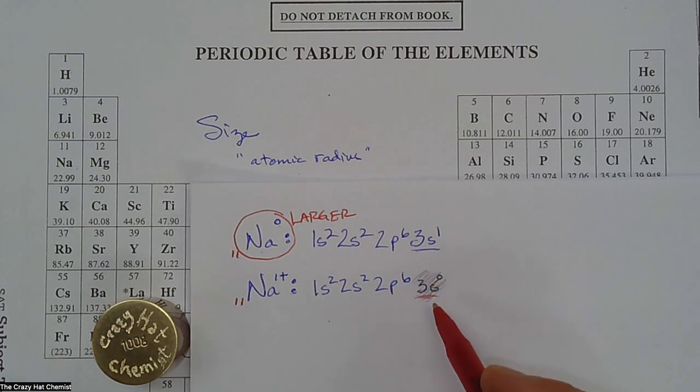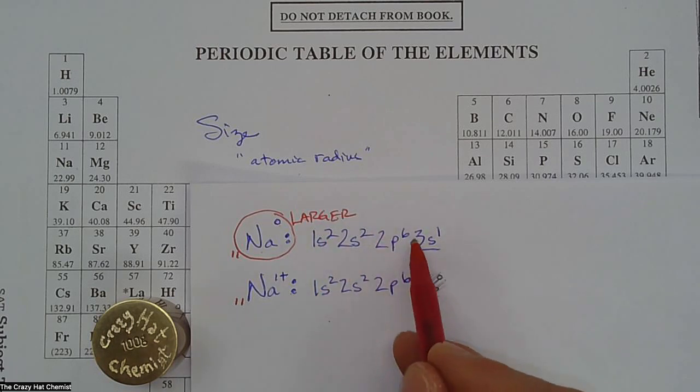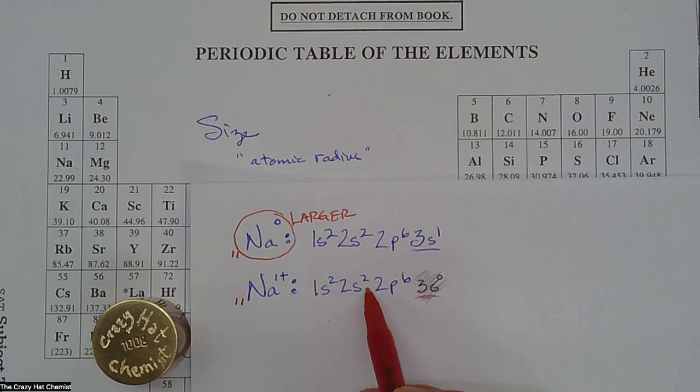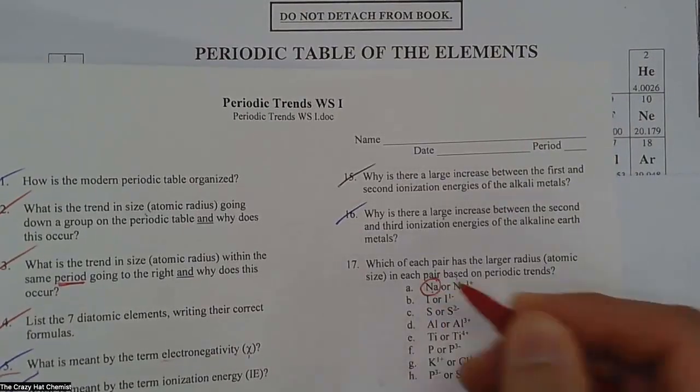That shell is now open and empty, vacated. And the effective nuclear charge has increased. That means that there are fewer electrons here. So that's why the effective nuclear charge has increased and draws these electrons that remain. That is, 10 electrons are here and 11 electrons are here. These 10 electrons are drawn tighter in. And so the larger is the sodium atom. All right, perfect. Let's go ahead and circle that right over here.